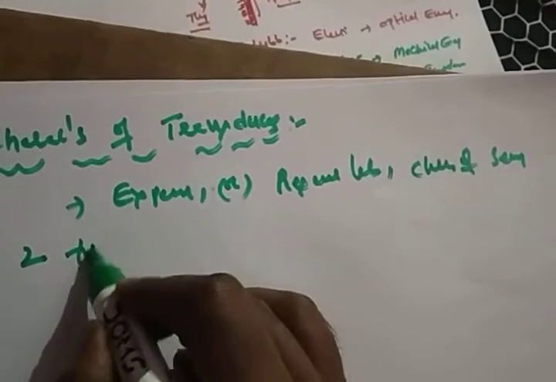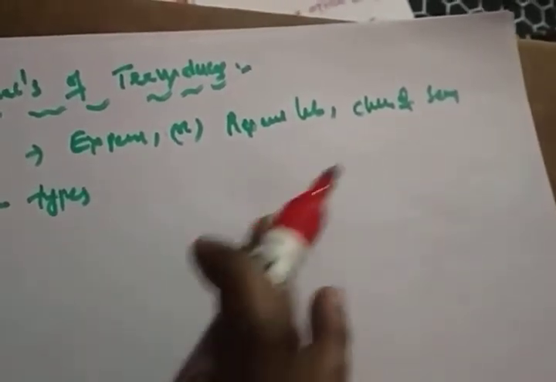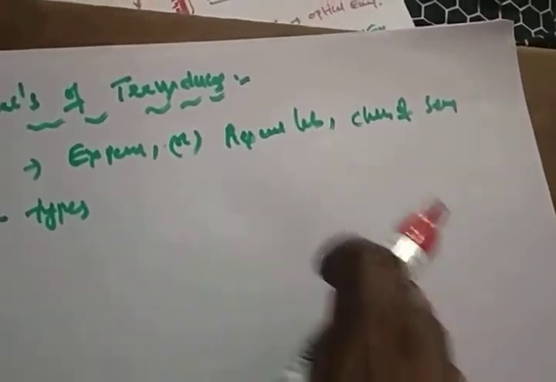Basically there are two types of characteristics. If you clearly understood my previous lectures on characteristics of instruments, a sensor or a transducer is nothing but an instrument.